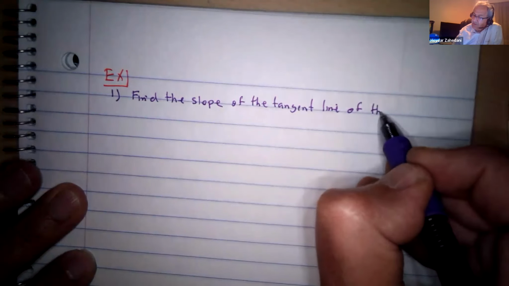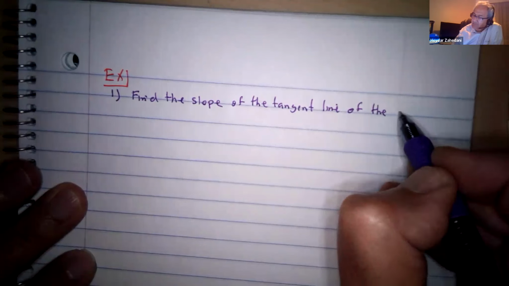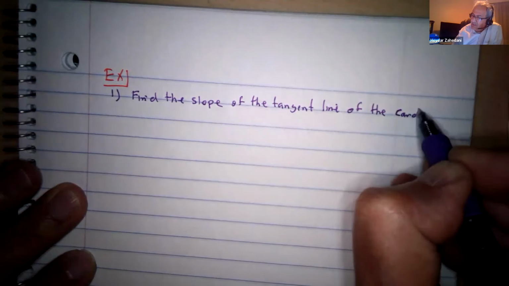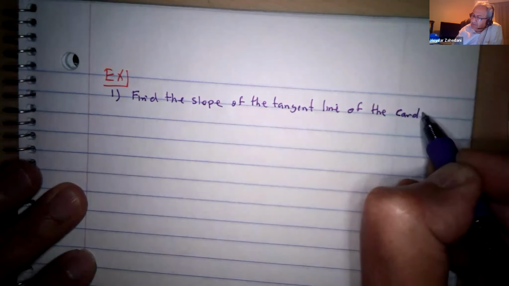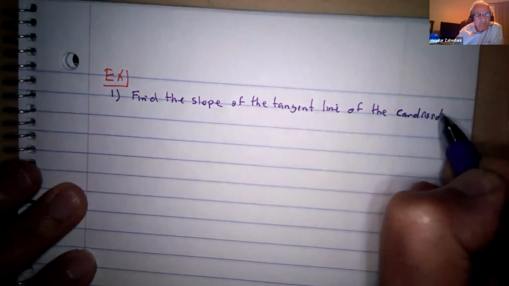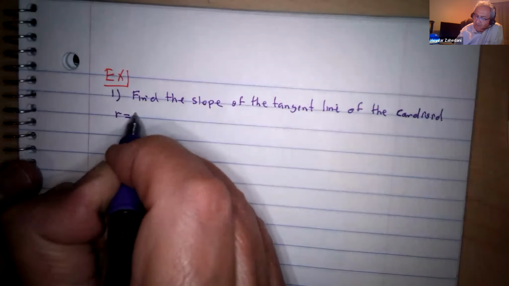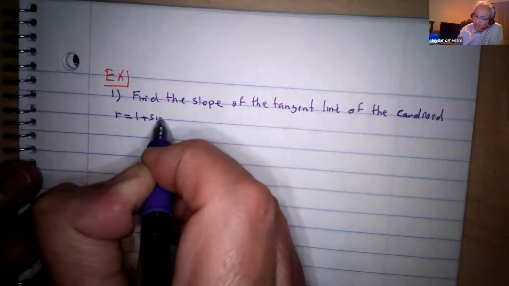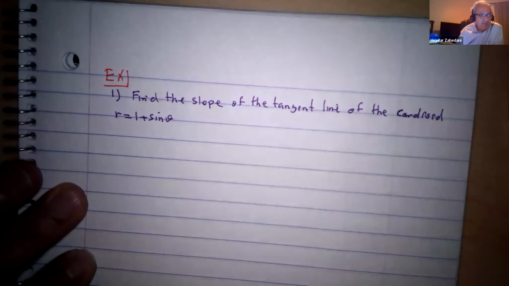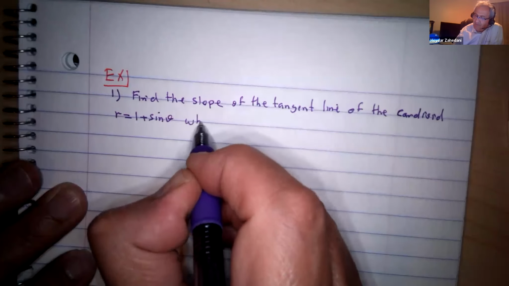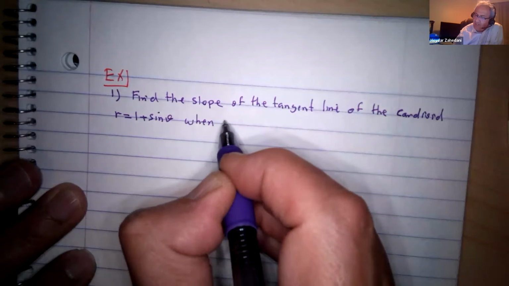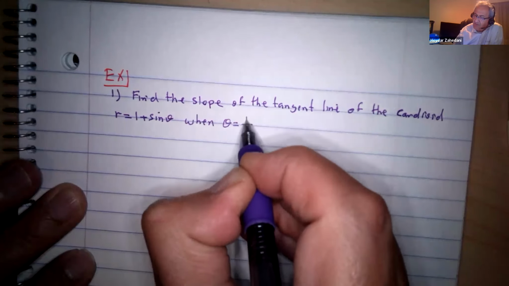The best example is going to be the cardioid r equal to 1 plus sine of theta, when theta is equal to pi/3.